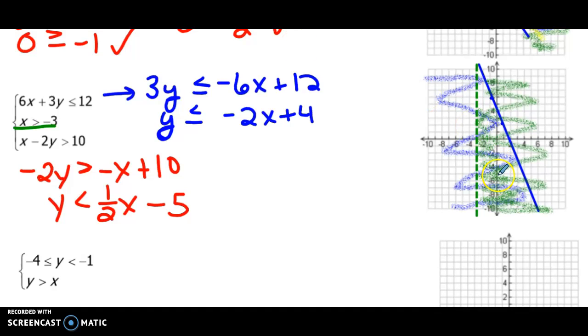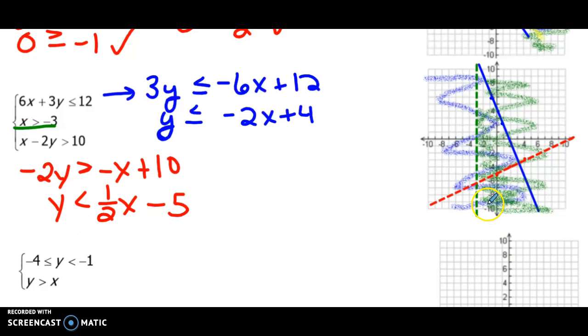So we start at -5 and then we go up 1 over 2, up 1 over 2. And then we would connect those dots with a dotted line because we have no equal sign.